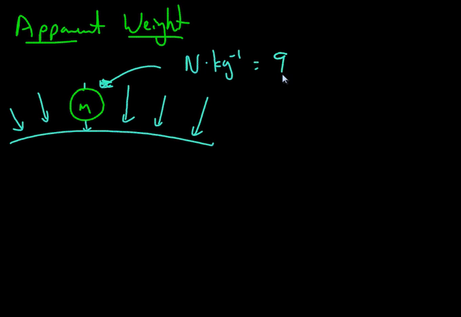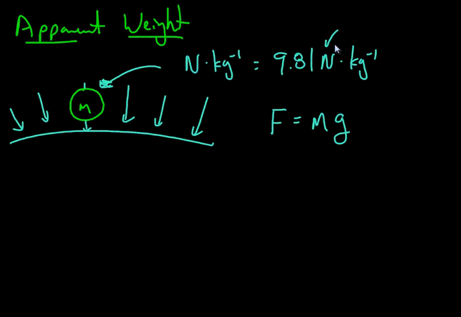That works out to be 9.81 newtons per kilogram at the surface of Earth. This value comes from this idea of force is equal to mass times acceleration.